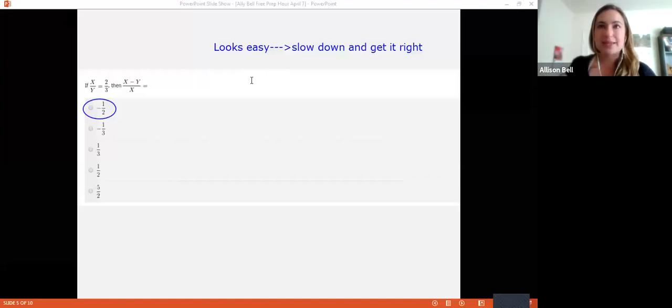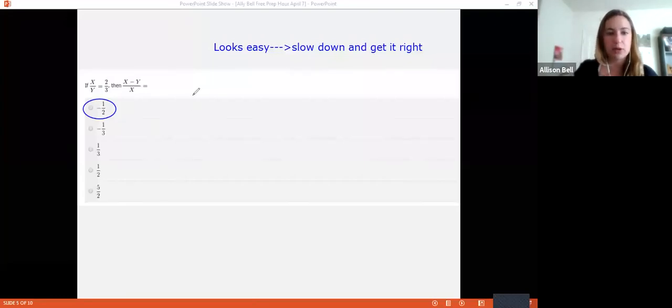And it's a much more severe impact on your score than if you miss a harder problem. If you miss a harder problem, the GMAT is like, okay, most people are going to miss half of these harder problems. I'll give them a slightly easier one, but still in the high difficulty range. If you miss easy problems, you're not going to make it to the high difficulty range. So you see a problem like this, you think you know how to do it, you want to slow down and make sure you're super careful about it.